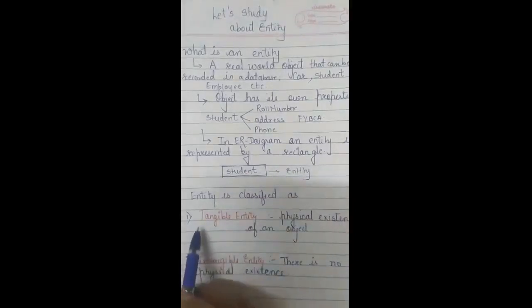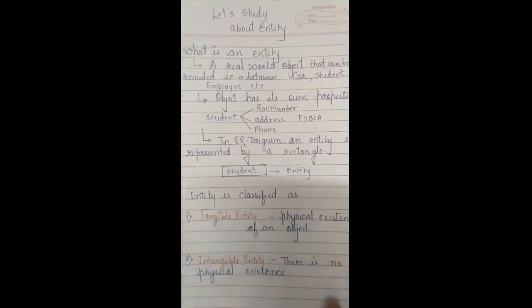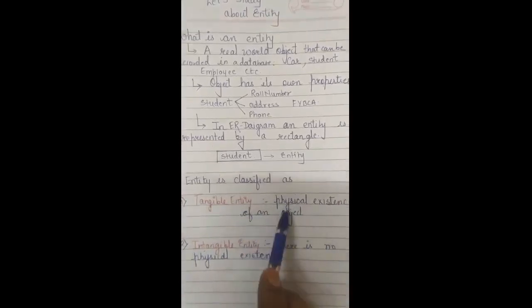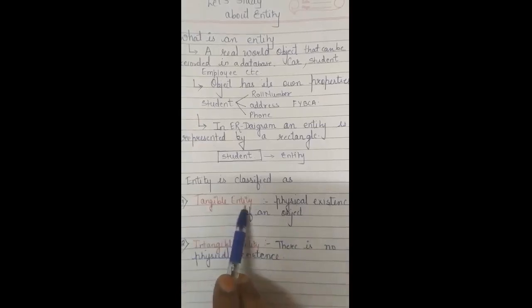Next, entity is classified as tangible entity and intangible entity. What is the meaning of tangible entity? Physical existence of an object is said to be a tangible entity. The object which is physically present, which physically exists in this world, is a tangible entity.